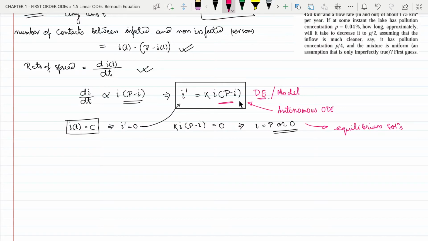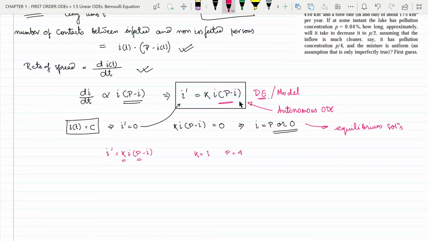So to plot the direction field of the differential equation I dash equal to k I (p minus I), let us assume two values of k and p. Let us assume k equal to 1 and p equal to 4.